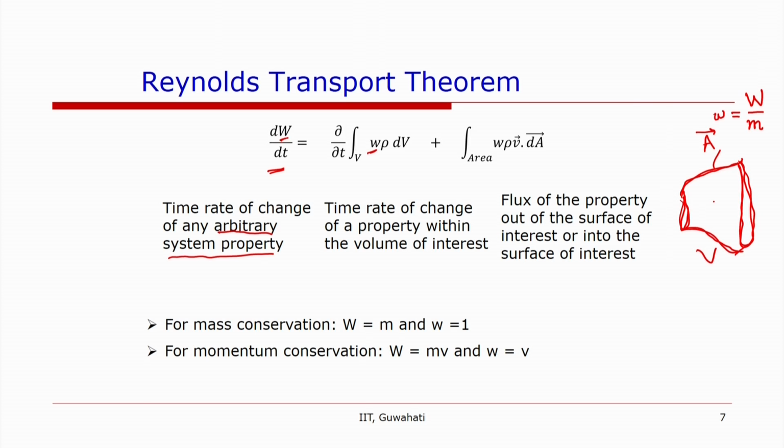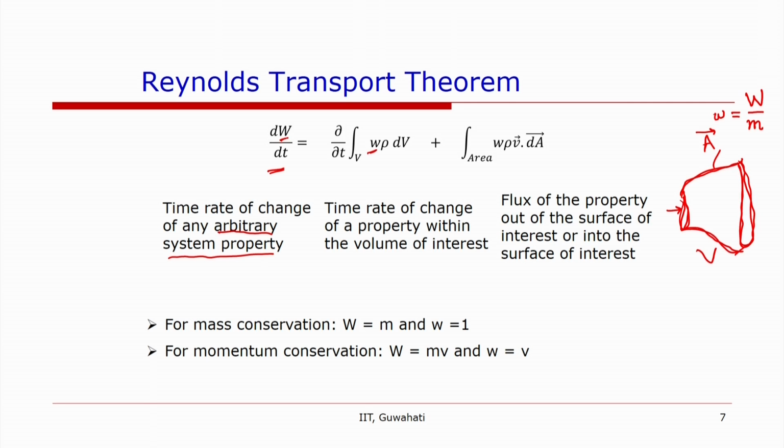So, the rate of change of any arbitrary system property is equal to the time rate of change of a property within the volume of interest plus the flux of the property out of or into the surface of interest. So, the total integral of the flux that is coming in and going out, that integral combined. So, that says the rate of change of any arbitrary property in a control volume will be equal to, that rate can be affected because of two factors.